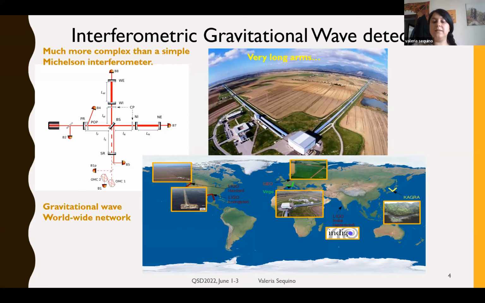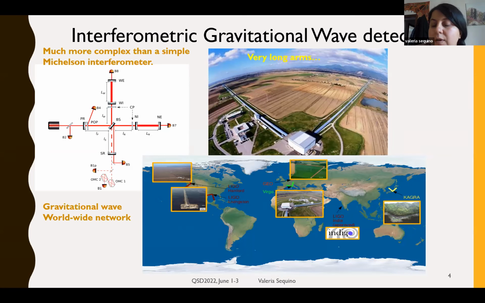Then it doesn't have the right sensitivity to join the scientific runs, but it is very important because it's the interferometer where all the techniques that are used in the other interferometers are tested. And there is another interferometer whose construction is finished, that is KAGRA in Japan. This is an underground interferometer.